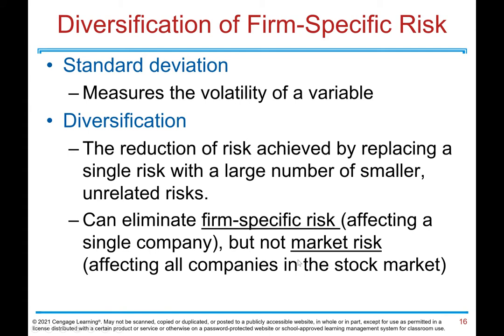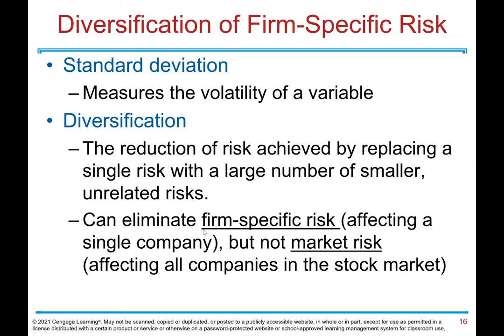Diversification of firm-specific risk. Standard deviation. Standard deviation measures the volatility of a variable. Diversification is the reduction of risk achieved by replacing a single risk with a large number of smaller unrelated risks.